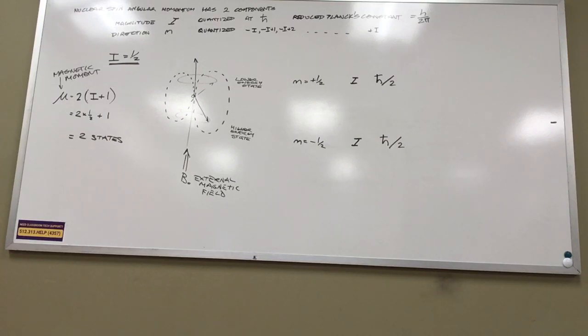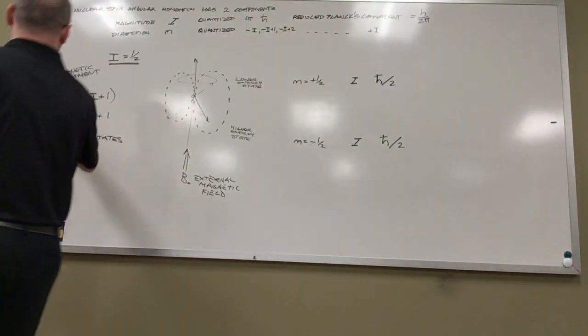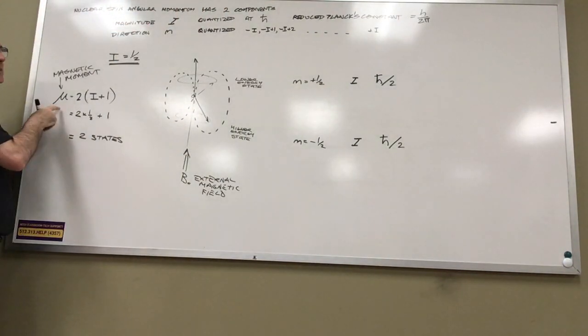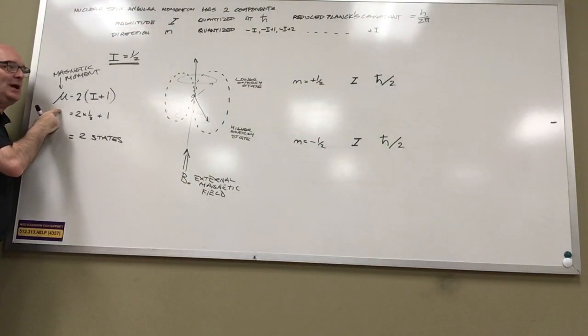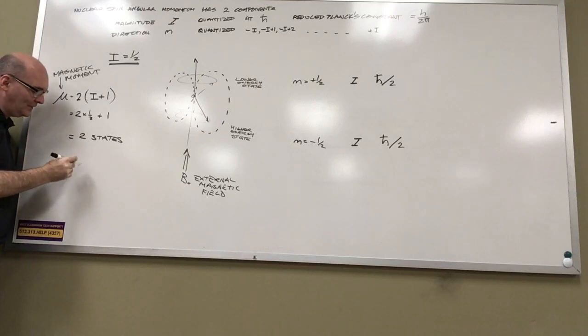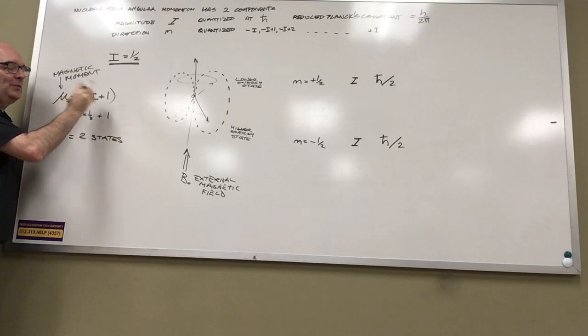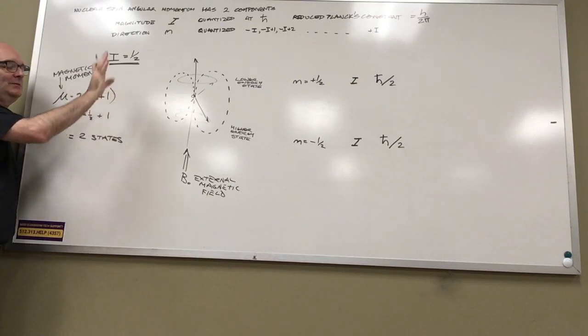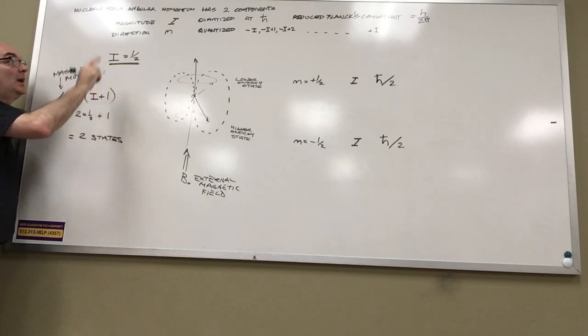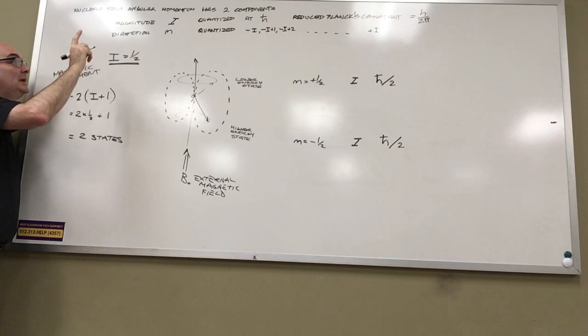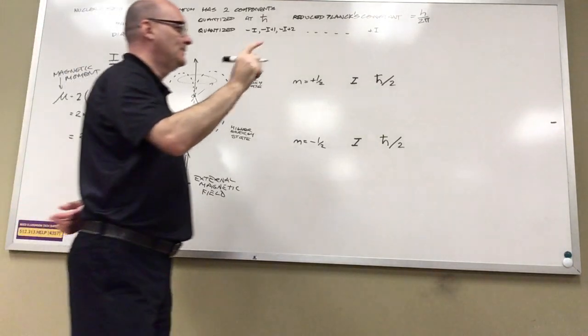Okay, so if you combine those two things together, the magnetic moment, there's a couple of different ways of describing that, and I don't know that we're going to come back and do it. But the magnetic moment is equal to the product of something called the magnetogyric ratio and the angular momentum.